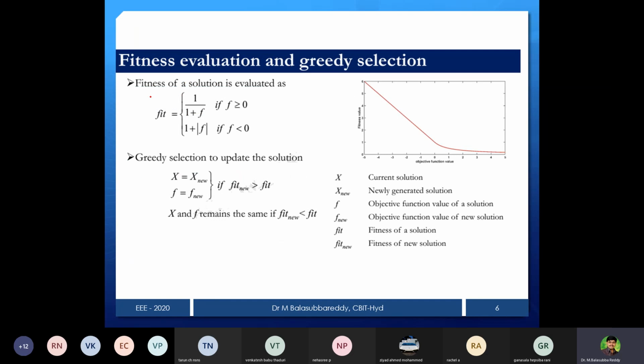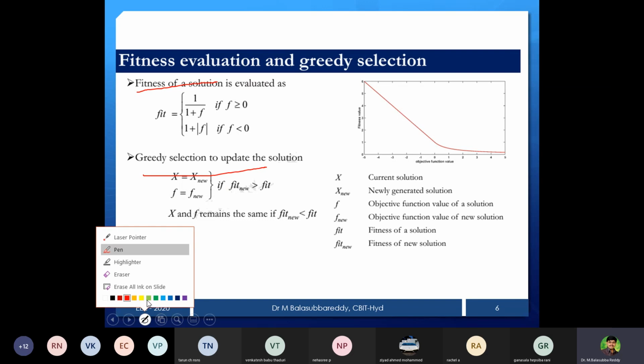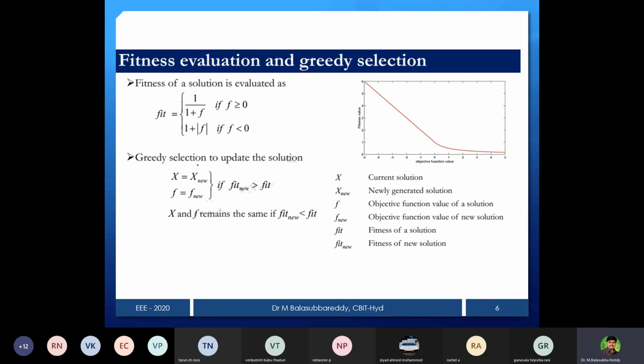I will explain how the fitness function is calculated and what the greedy selection is. Just now I explained how you make a greedy selection. This one is the old solution value, this is the new solution value. You just find the fitness, and see which is higher. Remember one thing, fitness and function value: our objective is the minimum function value, which means maximum fitness. That is the reason.